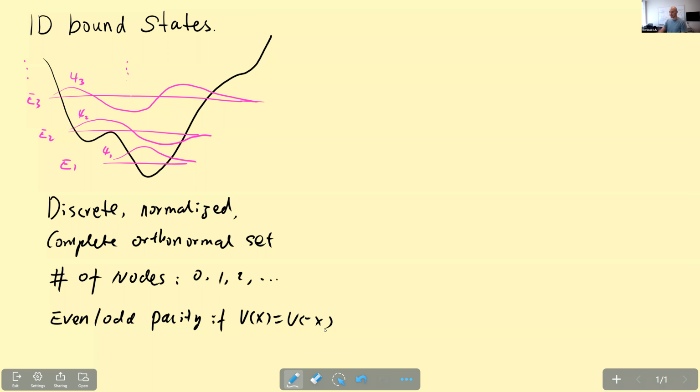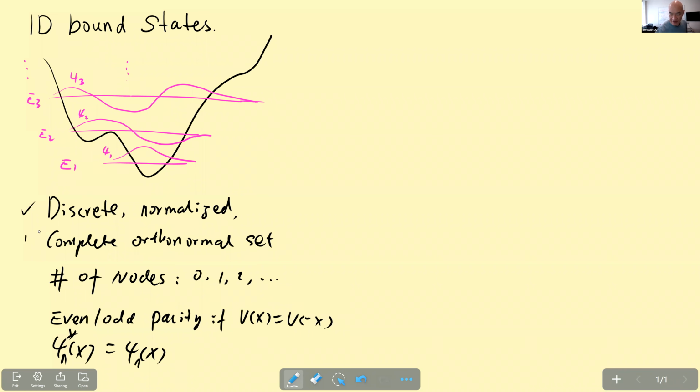If the potential has this reflection symmetry, the states should also be even or odd, alternating from the first state to the second state and so on and so forth. These are the general features we have learned about these one-dimensional states, and also they are real functions, so psi(x) complex conjugate equals psi(x).